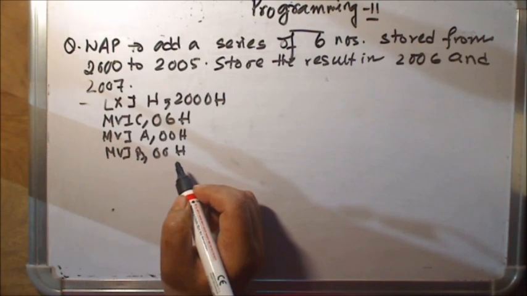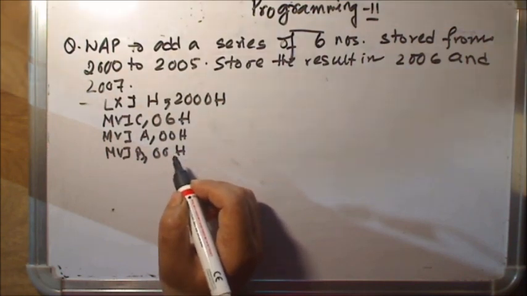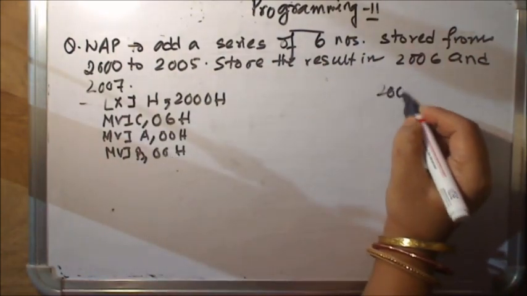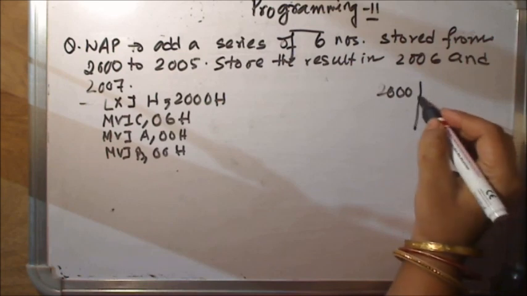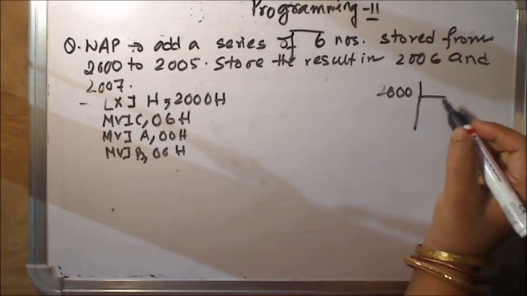So now who is pointing to the first number? M. Okay, the initialize part is over. Now add the first number to M. And remember, in 2000 what was the number? 20.